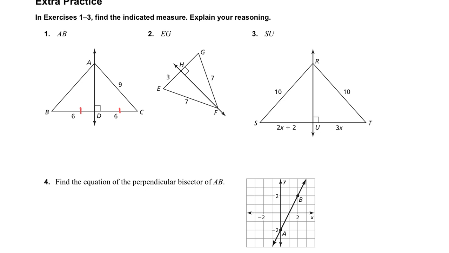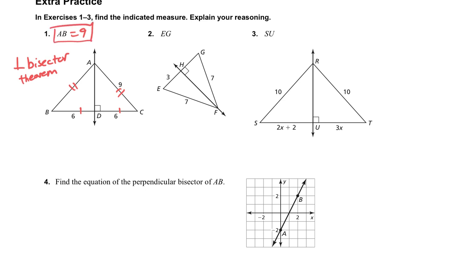Because I see that that's a perpendicular bisector, if we use our perpendicular bisector theorem, then we know that AC is going to be congruent to AB, which means if AC is 9, AB is also 9.